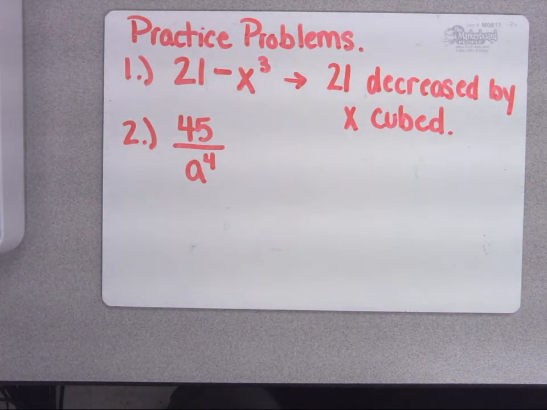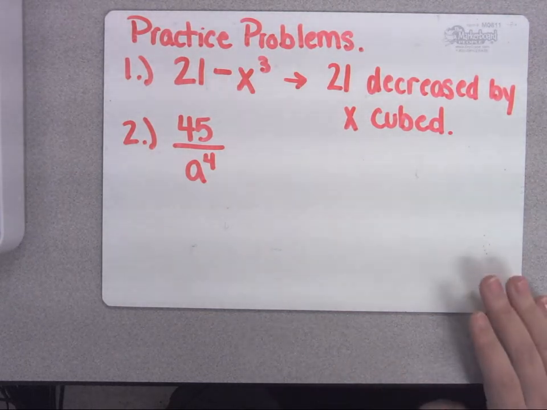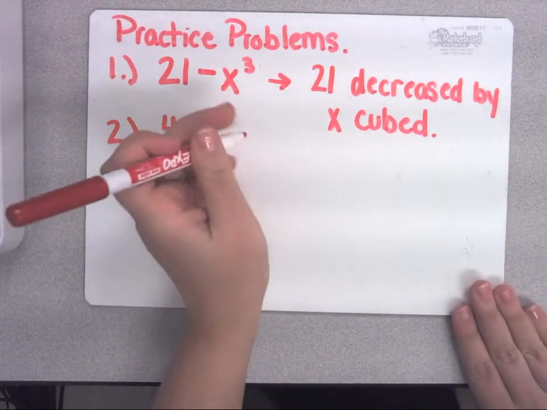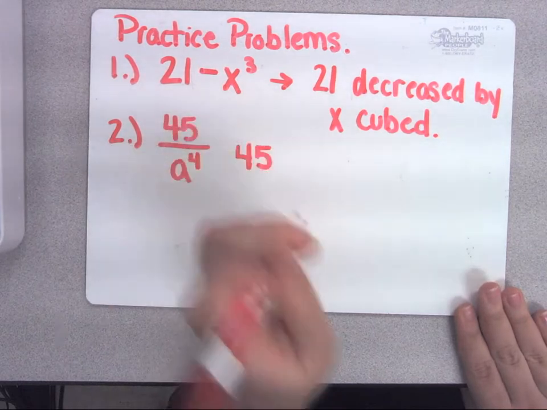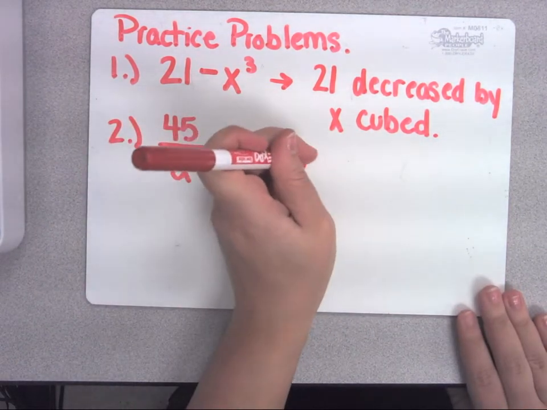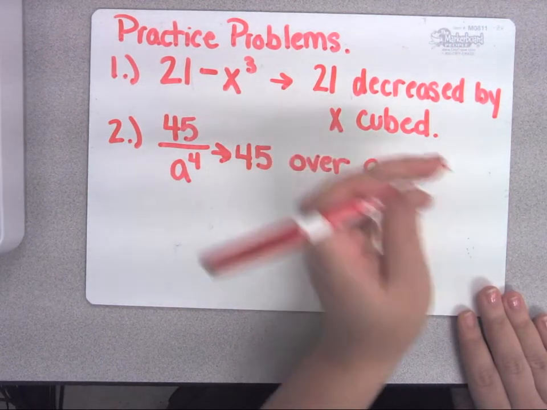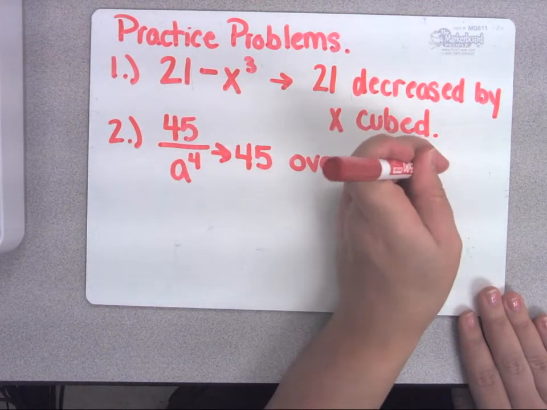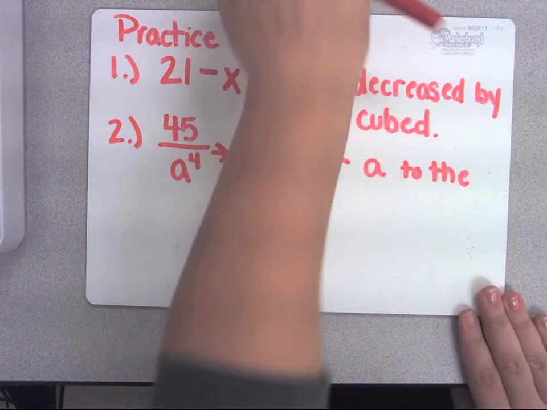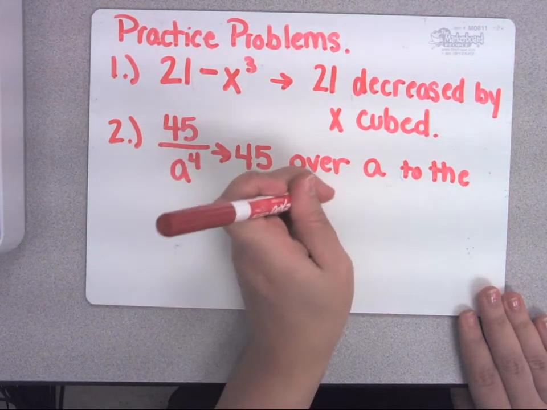Okay. You got something? I'm going to give you a real basic one. You ready? 45 over A to the 4th power.